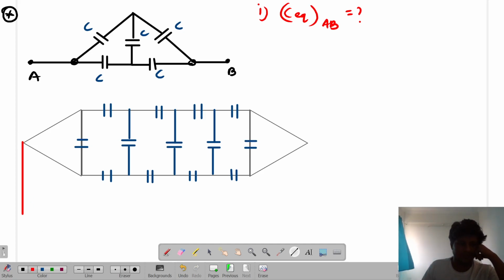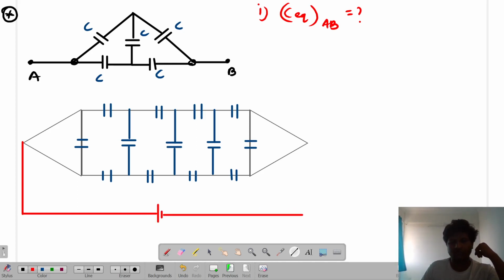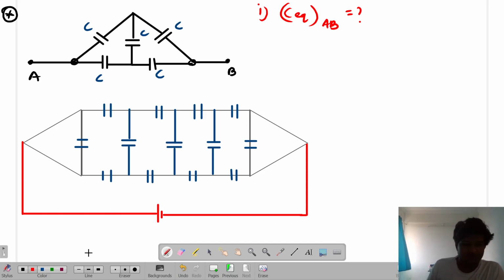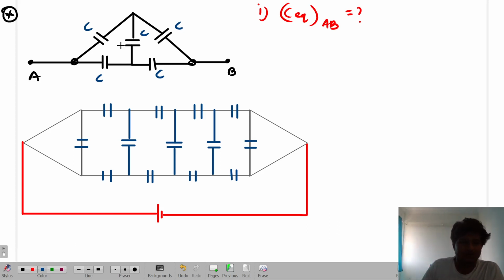The question which I gave you before the one I'm drawing right now, look over here. It is looking like a Wheatstone bridge or not? It's like a cross. Yes, correct.